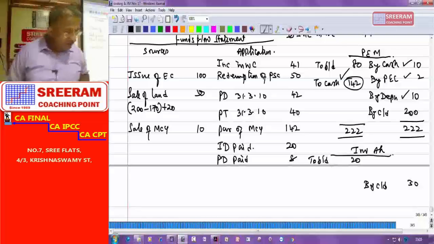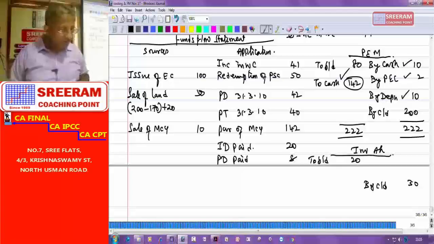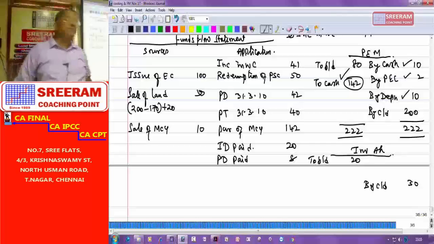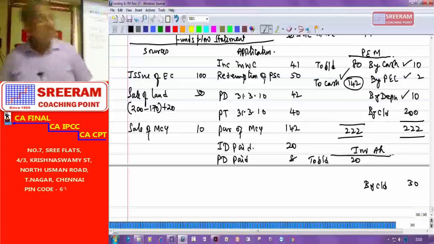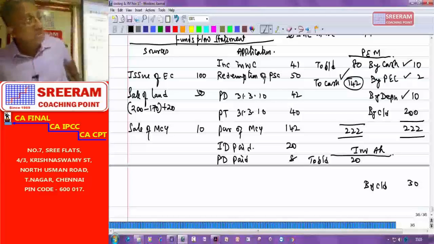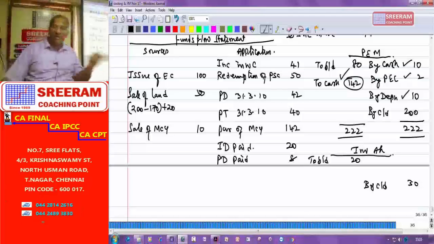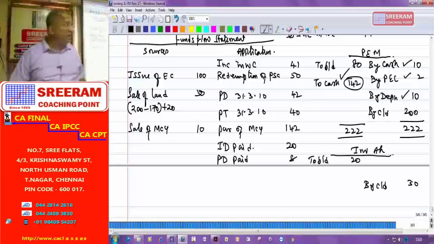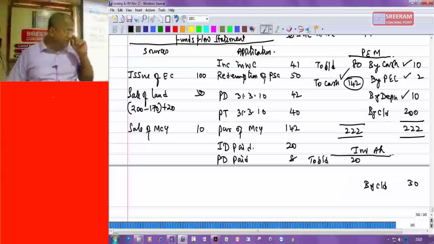What is that they have said? Trade investments, 3,000 were received by way of dividends, including 1,000 from pre-acquisition dividend, which has been credited to investments account. You people have studied investments account in your accounting class. Accounting or advanced accounting, I do not know. படிச்சிருக்கீங்களா investments account? Yes or no?